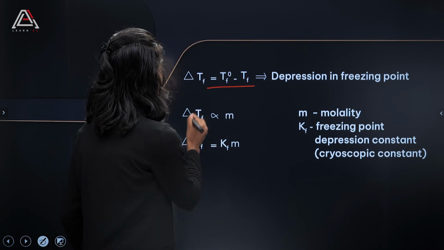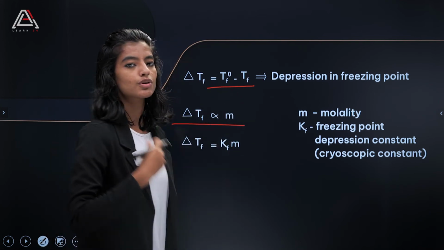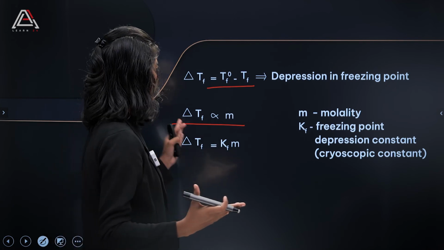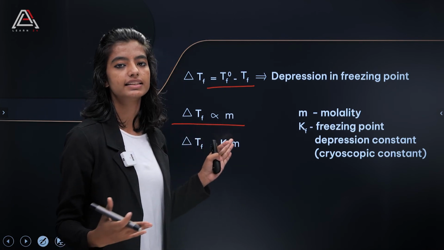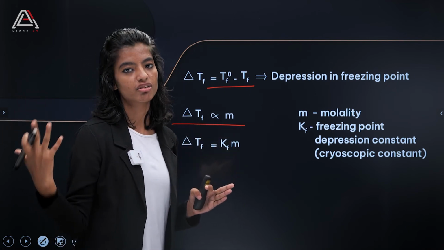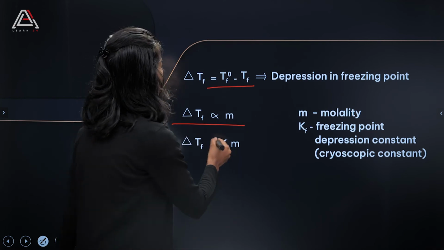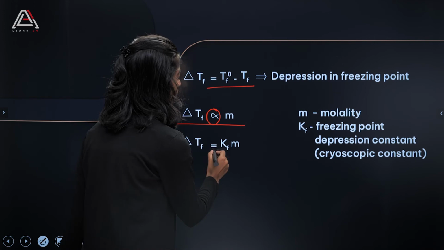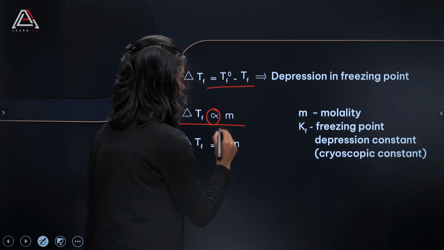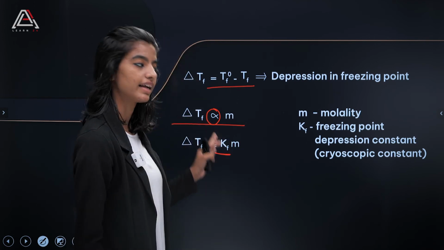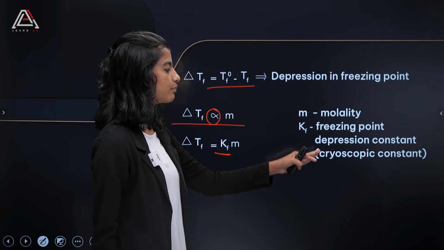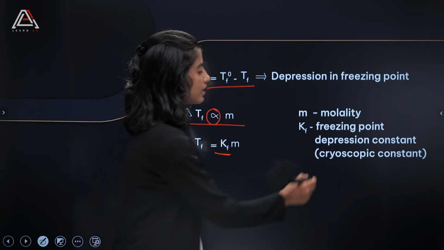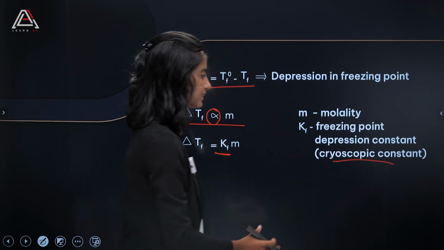Now, delta TF is directly proportional to molality, as in elevation of boiling point. In order to remove this proportionality sign, I have added a constant called Kf, the freezing point depression constant or cryoscopic constant.